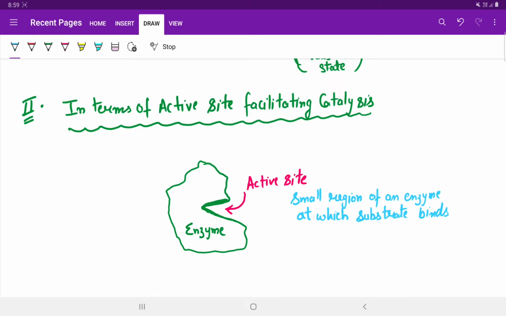In order to attach here, the substrate must be of the same shape.